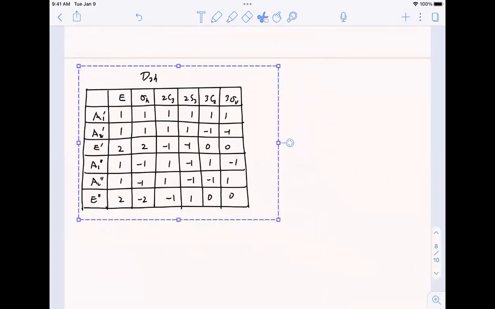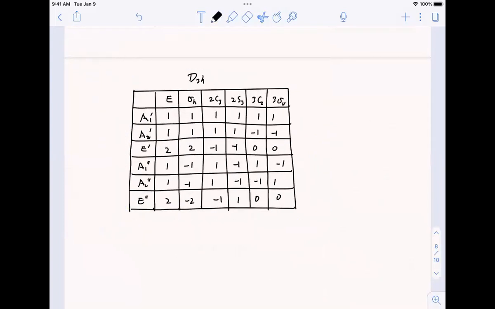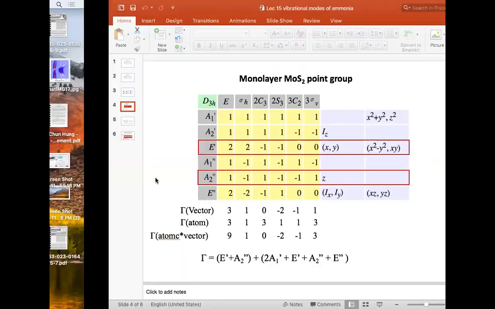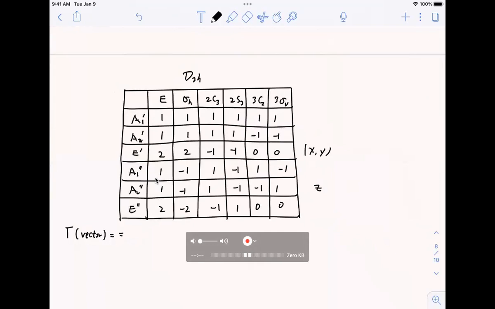Okay, let me get some space. So we're going to get the trace, the representation of a vector. Then you just go back and look at here. I already highlighted it for you. The vector will transform as E prime plus A2 double prime.